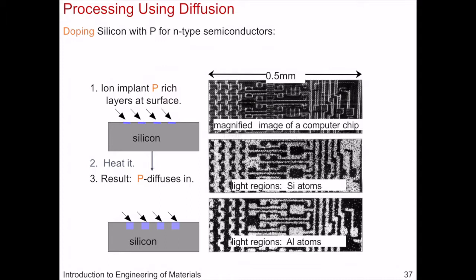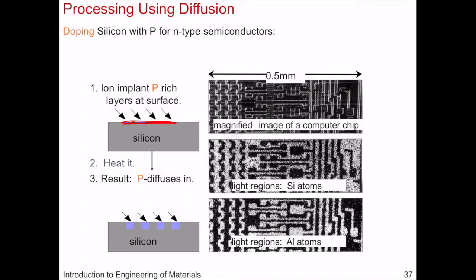One of the common techniques for including phosphorus into silicon is called ion implantation. So there, you're implanting phosphorus at the layer of silicon, as you see here.